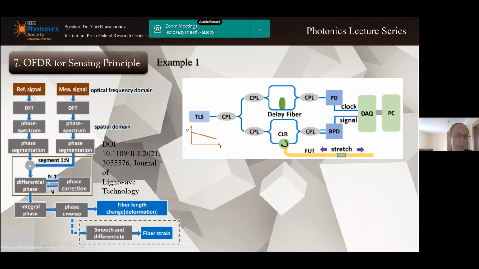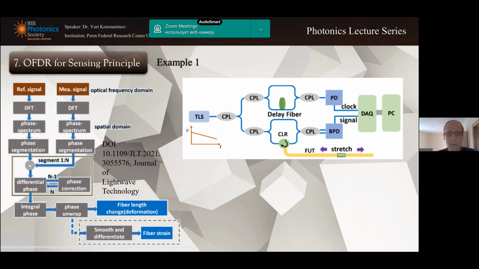So what happens? After acquiring the signal, we can provide the discrete Fourier transform for both signals and extract the phase spectrum. Before this, we saw the OFDR trace, and I need to mention that these traces were just the real part of this signal.